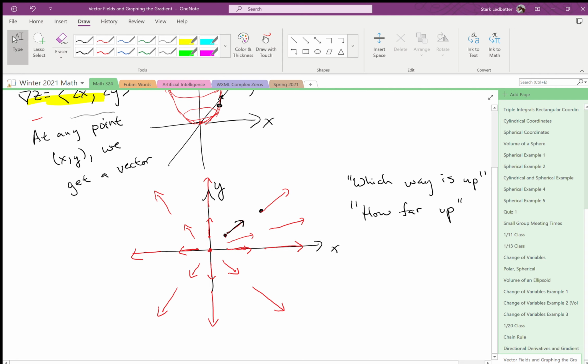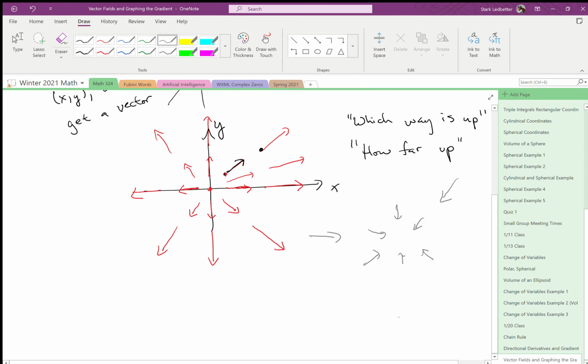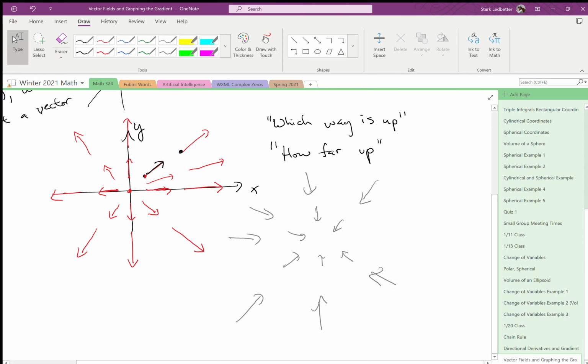Another way of thinking about this is if I somehow reverse the direction of all the arrows, now I have something like that. They're all pointing to the center, and then I have bigger ones pointing to the center out here.